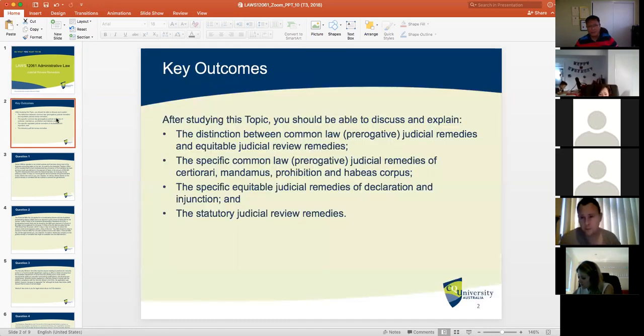So after studying this topic, you should be able to discuss and explain the distinction between common law prerogative judicial review remedies and equitable judicial review remedies, the specific common law prerogative judicial remedies of certiorari, mandamus, prohibition, and habeas corpus, and the specific equitable judicial remedies of declaration and injunction, and the statutory judicial review remedies on the basis of the ADGR Act, as well as Section 39B of the Judiciary Act, and even the constitutional review remedies under Section 75(5) of the Australian Commonwealth Constitution.